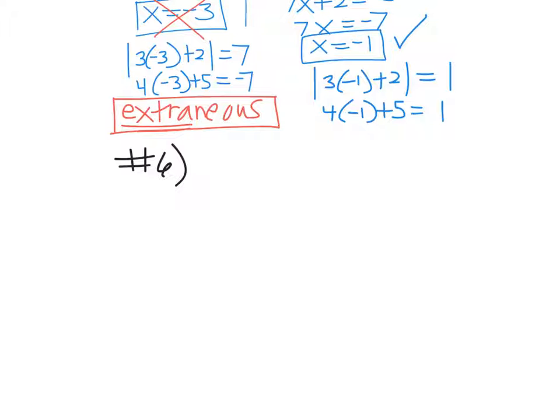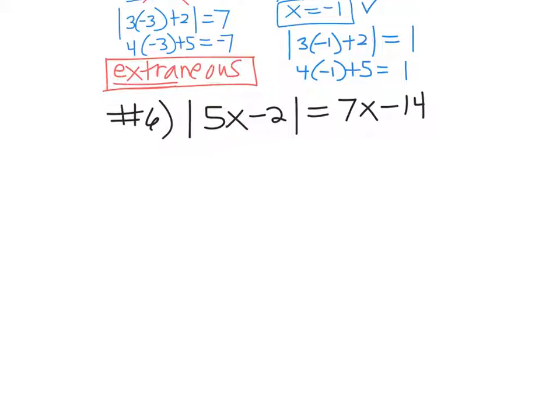All right, last one. Do we have time? Shoot. All right, absolute value of 5x minus 2 equals 7x minus 14. Okay. Our absolute value is isolated on the left-hand side. It's completely isolated. And we're going to set up two equations.